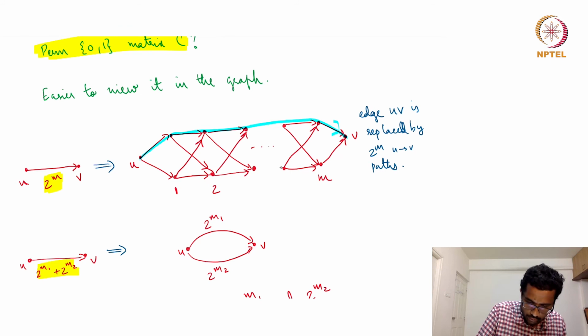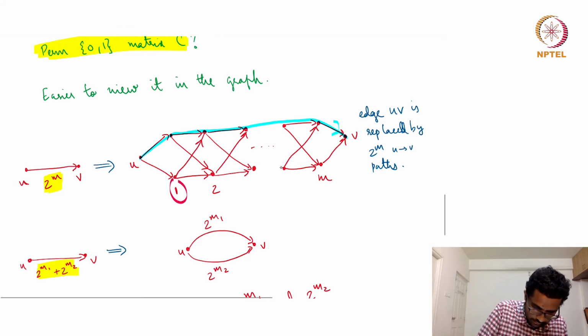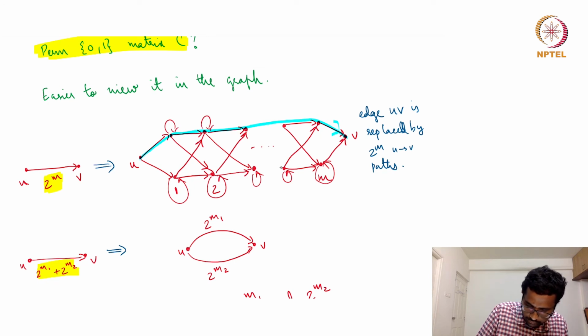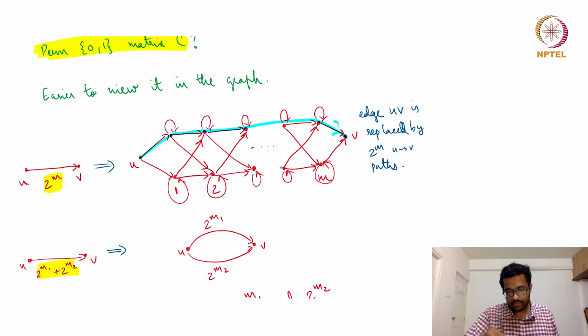So we will also need to put self loops all over here, and also in the top, so that the vertices that are not used in the cycle cover can participate using these self loops.